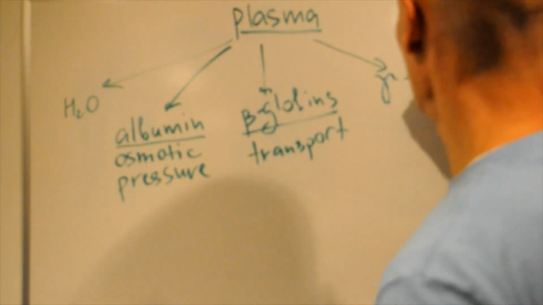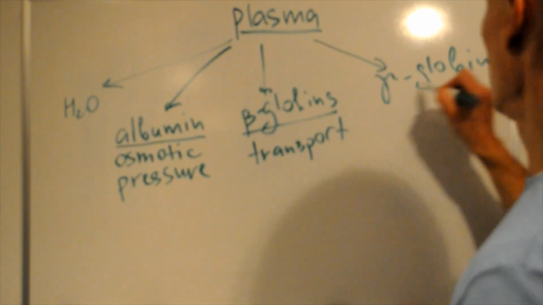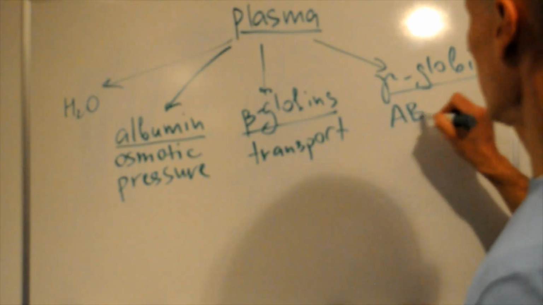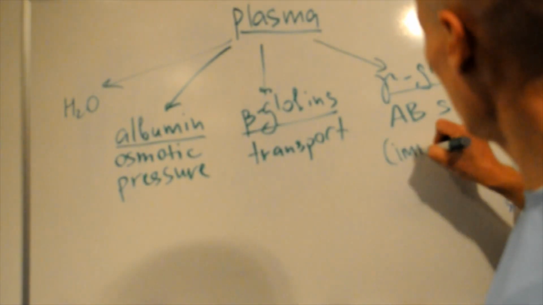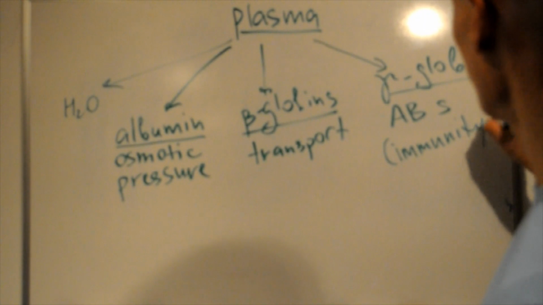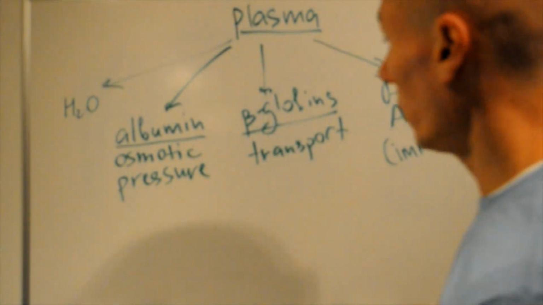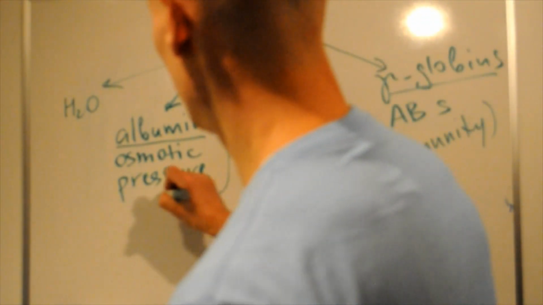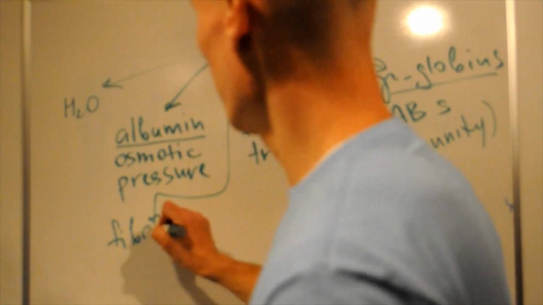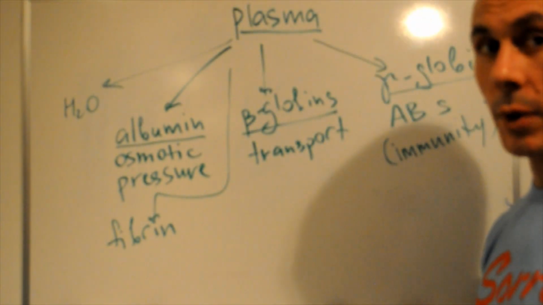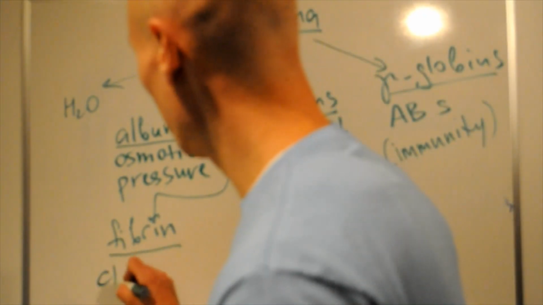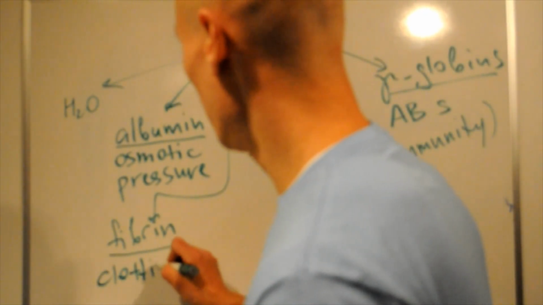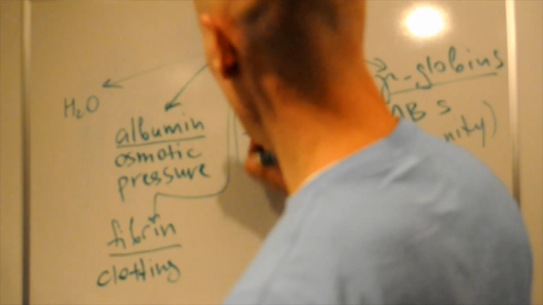Gamma globins, essentially antibodies. They are critical components of the immune system. Then we have, of course, fibrin, which forms threads that secure, make clot denser. And we have coagulation factors.